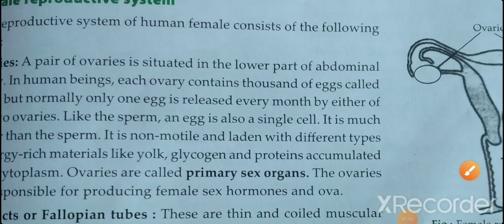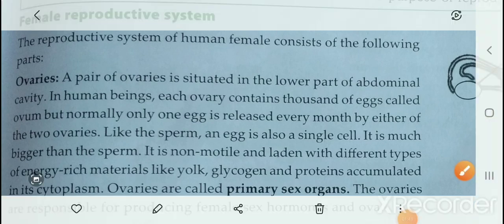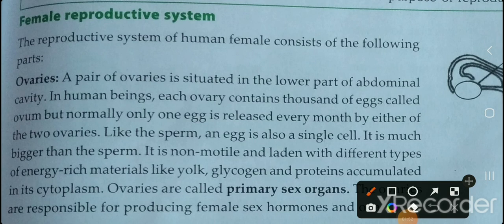Coming to the female reproductive organ, first the ovaries. How many ovaries have we seen? We have seen two ovaries, that is a pair of ovaries. They are situated in the lower part of the abdominal cavity, and every ovary contains thousands of eggs.